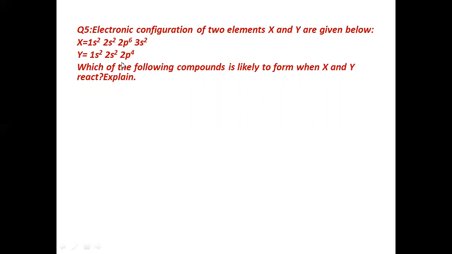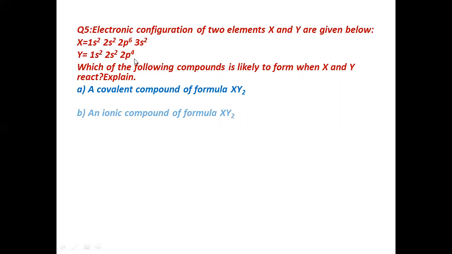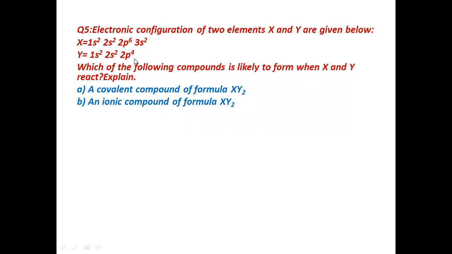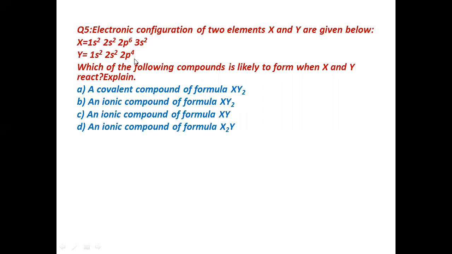So when magnesium and oxygen react, you know that magnesium will lose 2 electrons, and those 2 electrons will be gained by the oxygen atom, so for one magnesium ion we need 1 oxygen ion. As magnesium is a metal and oxygen is a non-metal, the bond is definitely ionic. They ask us about a covalent compound of formula XY2. No, because I told you 1 magnesium needs 1 oxygen, and Y2 means that we need 2 oxygens, so it's wrong.